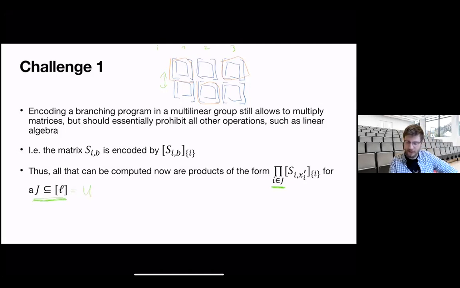And the nice thing, which is already enforced by this, is that every i can only appear once in this product. So from every column we can use at most one element. All right, good.